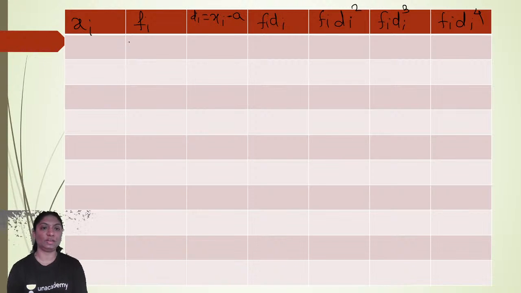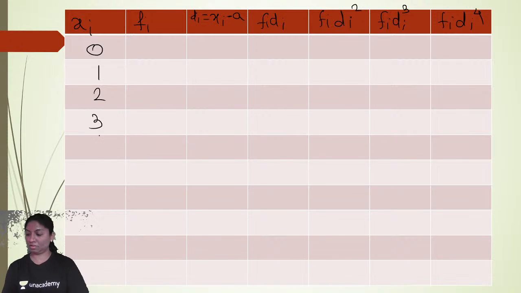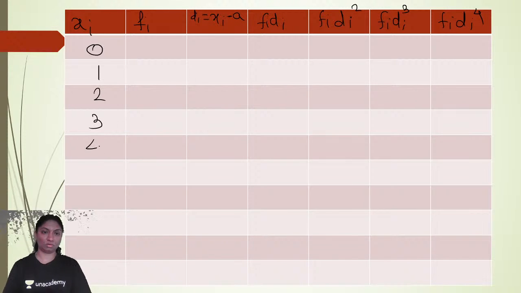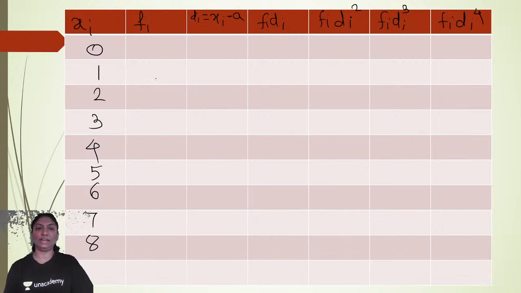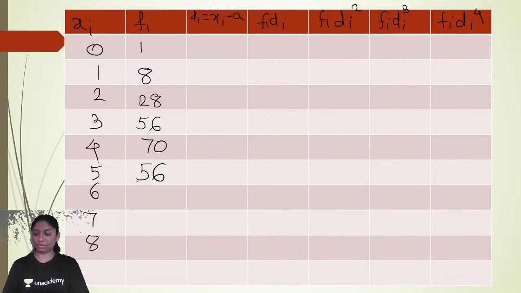Okay, the values are given: 0, 1, 2, 3, 4, 5, 6, 7, 8. The frequencies are given: 1, 8, 28, 56, 70, 56, 28, 8, 1.